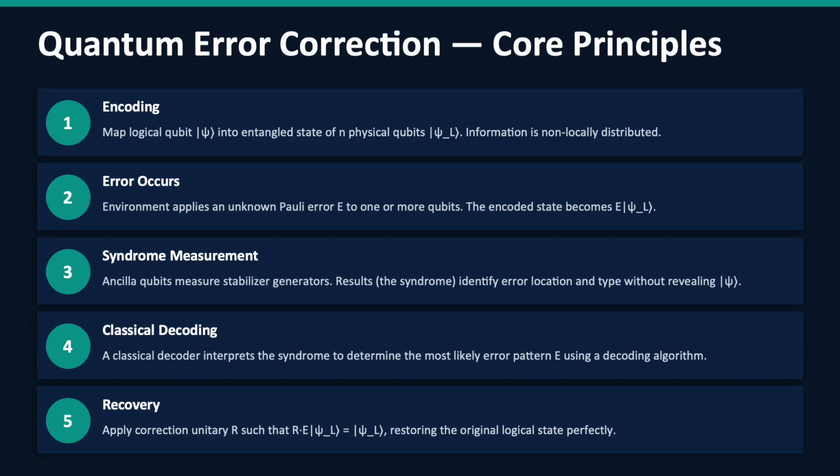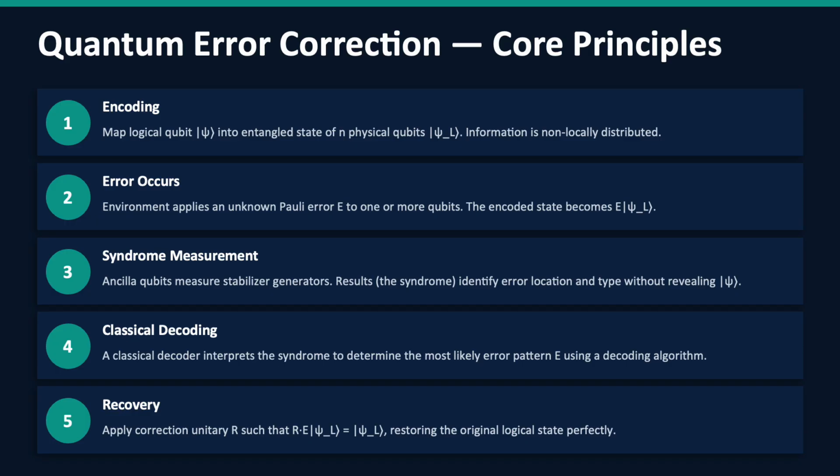Some qubits will get flipped, others will have their phases scrambled by the environment. The next step is syndrome measurement, and this is where the cleverness really shows. Special helper qubits called ancilla qubits are brought into contact with the data qubits in a way that lets them absorb information about what errors have occurred without absorbing any information about what the actual data says.